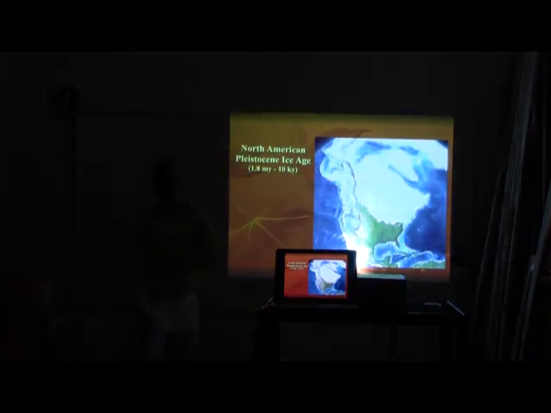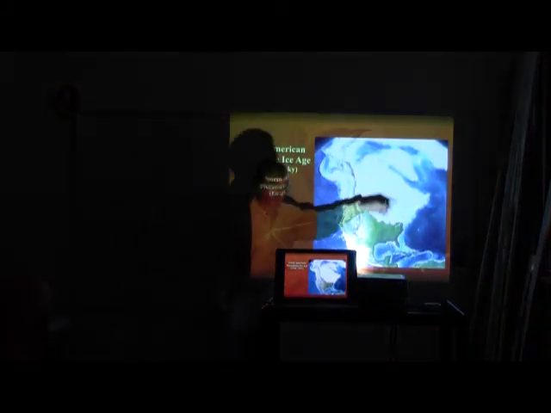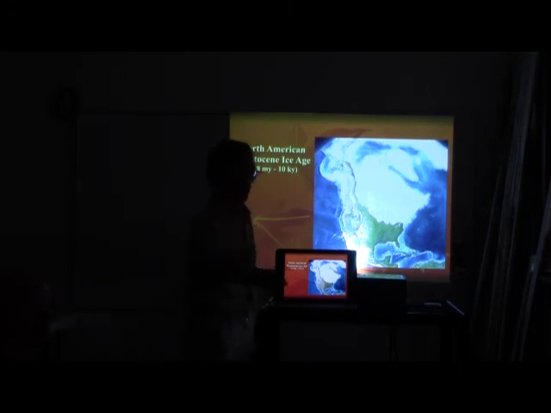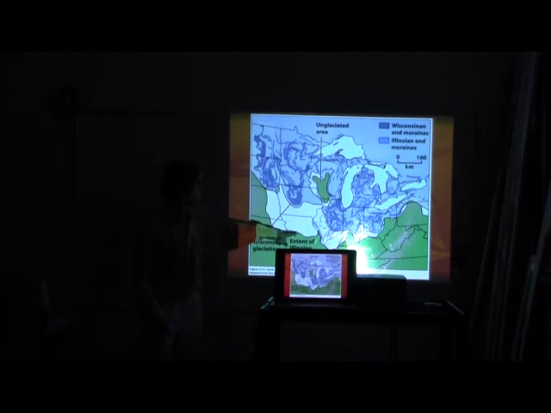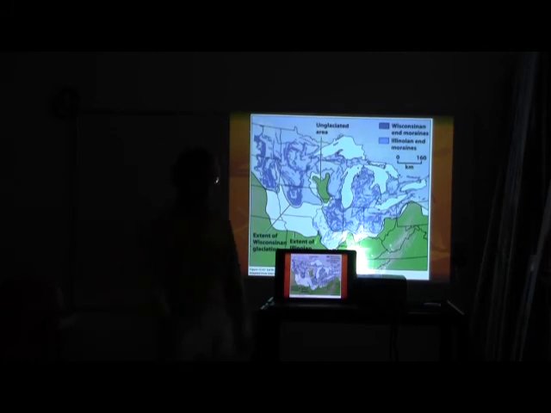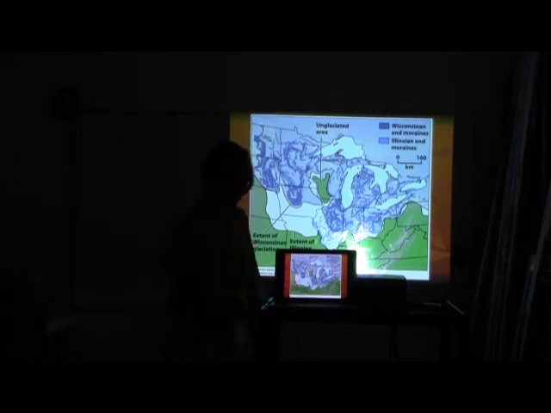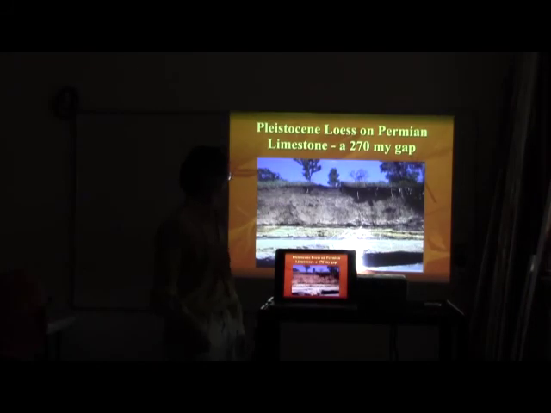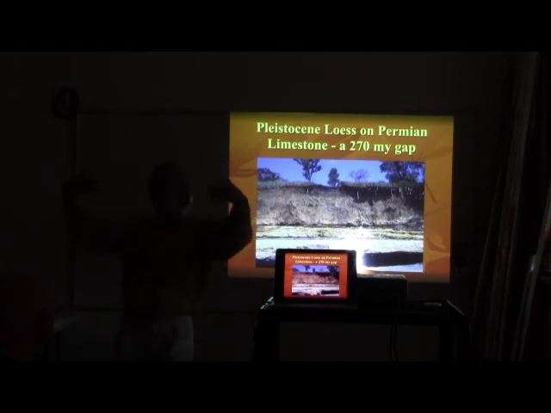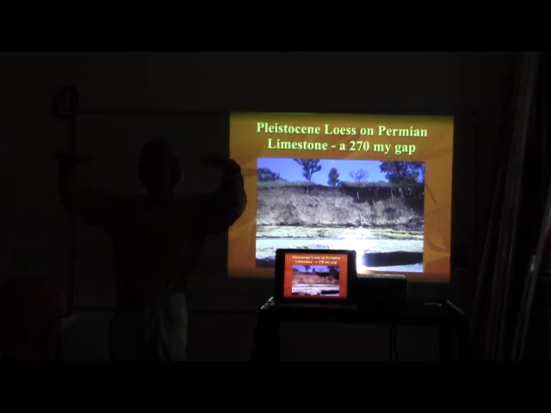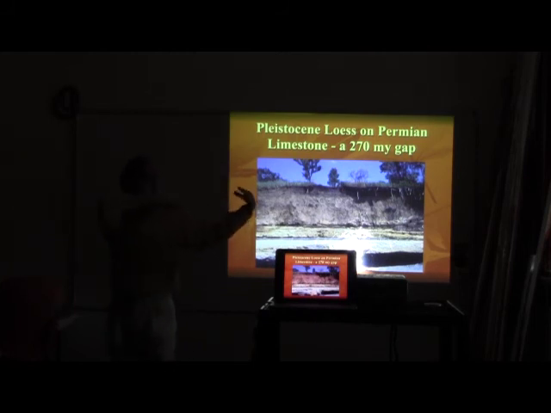So here's the world in the Pleistocene with advancing northern hemisphere ice sheets. And one of those advances extended as far as northeastern Kansas. Didn't quite get here. But what we would have been here is on what's called the outwash plain, out in front of the glacier.